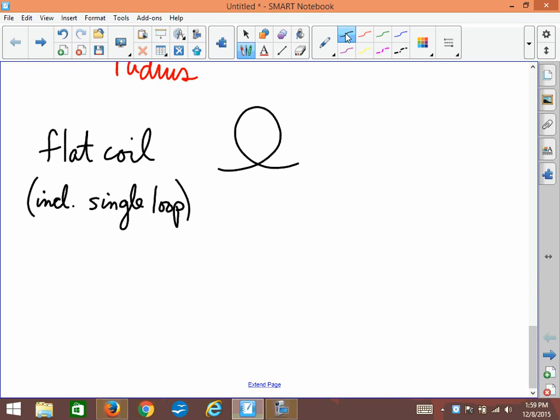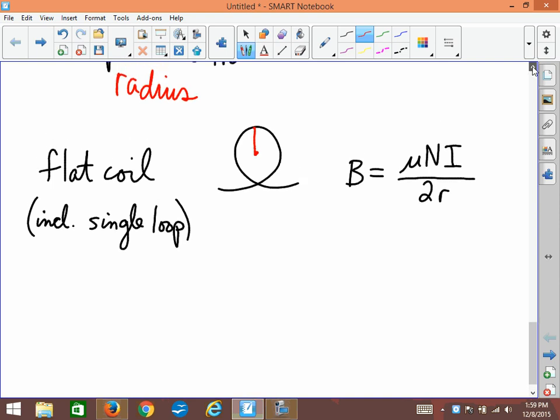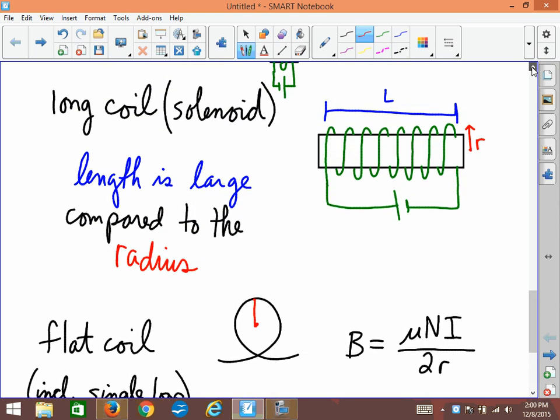And so through the magic of the math, we can change the equation for the magnetic field strength into one that looks like this. Mu N I divided by 2 times R. Now, this R is a little bit different. This R is the radius of the coil. Because remember, we said in these coils, if we go back up to the top, the radius is the thing that matters.